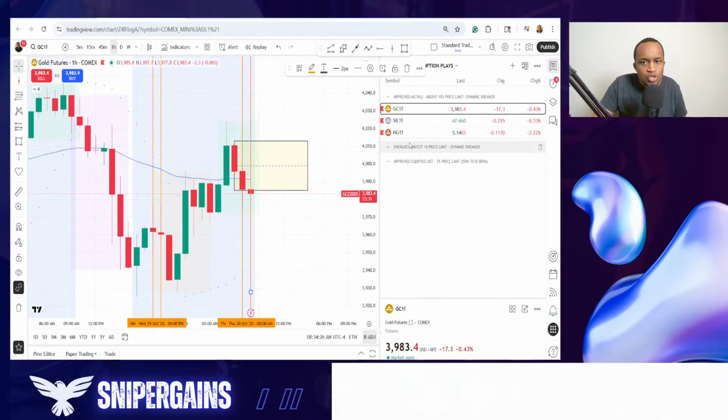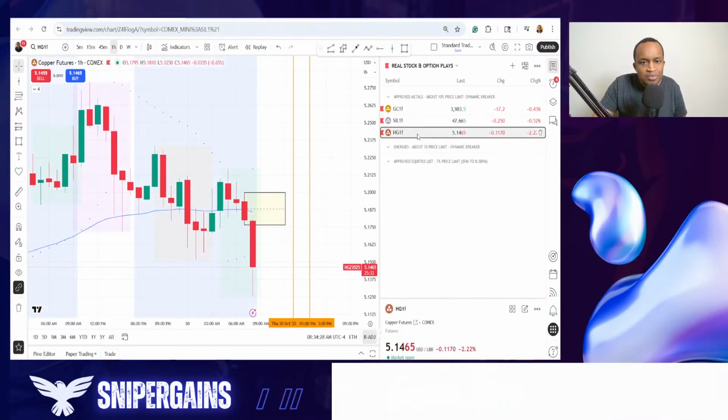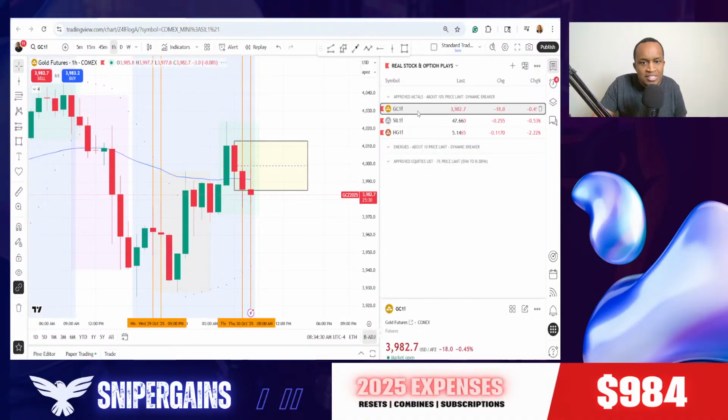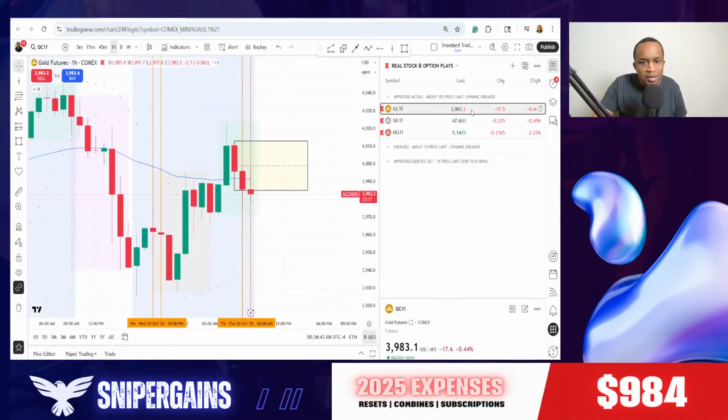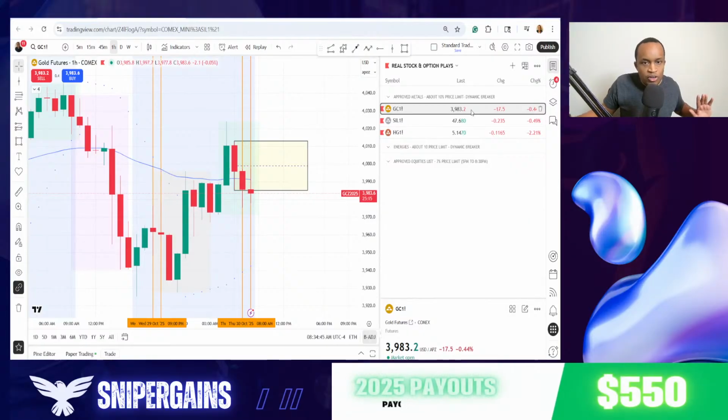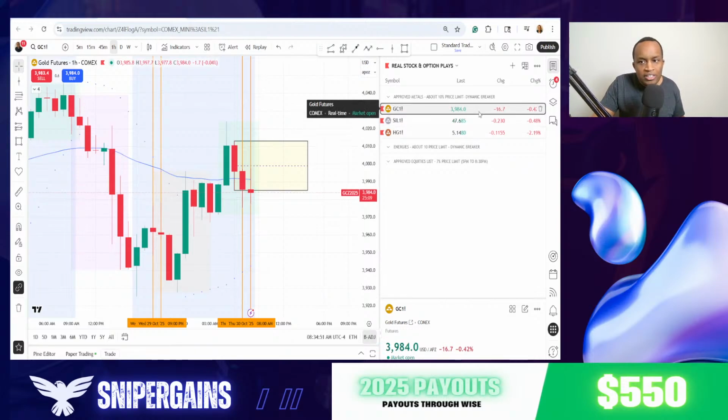It's in a weird range. So in this case, we're simply going to have to sit on our hands to try to see if gold intends to go up or intends to just stop us out, because it's not as clear. So we'll see if there's any new opening, but at the moment, we're going to have to be hands off, but we are going to record and see where we are in terms of our overall profit.